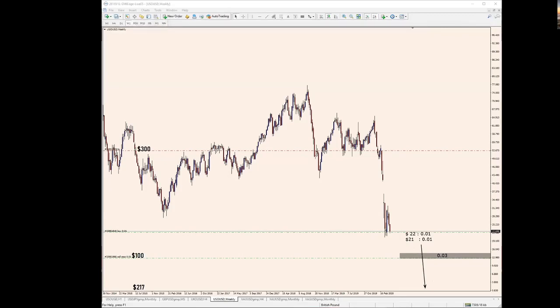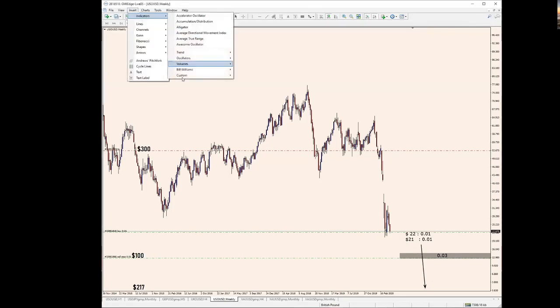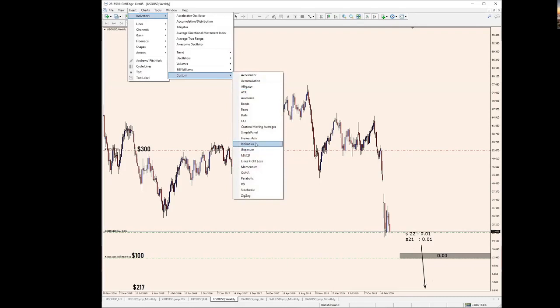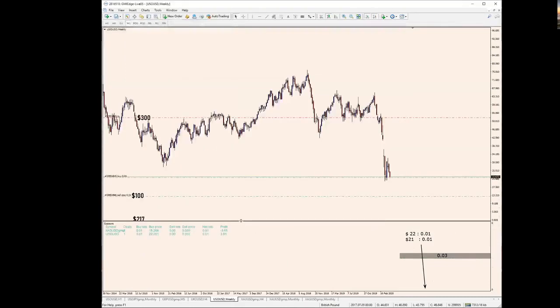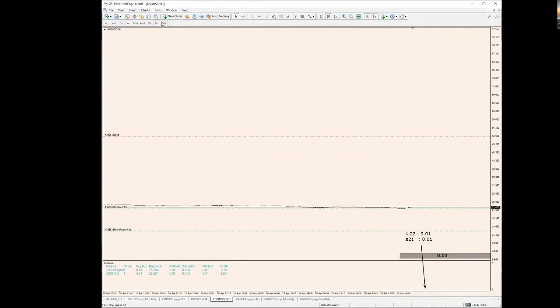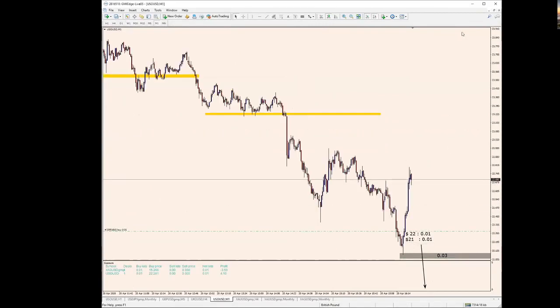Now look at oil. Let's see our positions. Look at the profit, guys. Where can you make this much money? While I'm discussing with you guys, look at this.